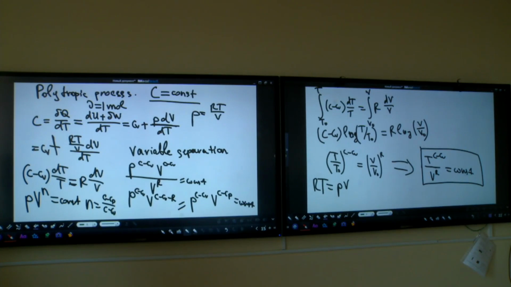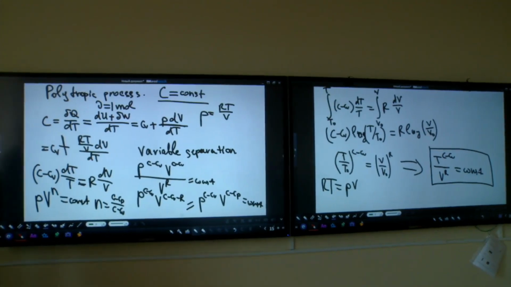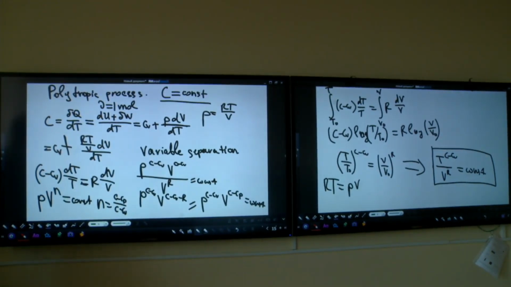So if I haven't messed up anywhere, that should be the equation for any polytropic process.